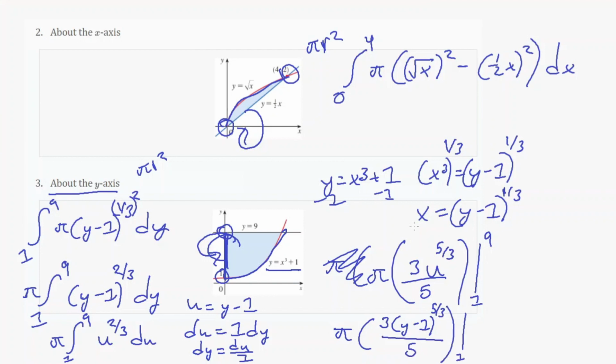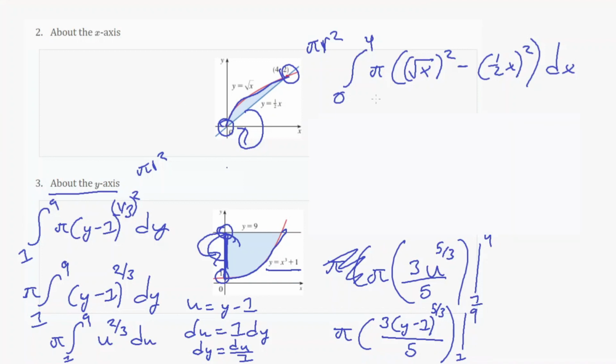And now if we integrate this from 1 to 9, we're going to have pi open parentheses 3 open parentheses y minus 1. So we're going to plug in 9 first. So 9 minus 1 is 8. It's going to be 8 to the 5/3 power divided by 5.